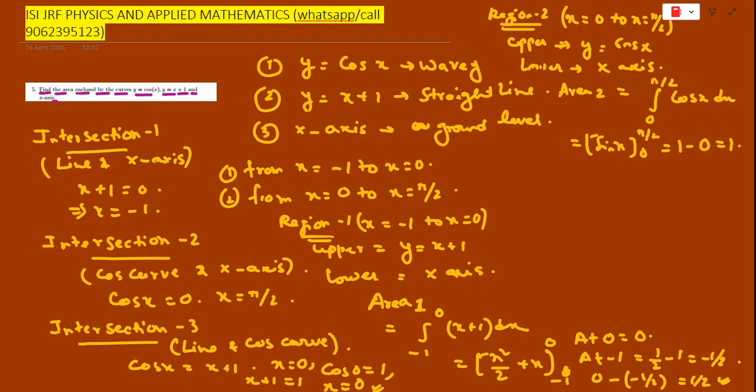Now the total area is half plus 1, that is 3 by 2. So whenever the region touches the x-axis, the area is the integration of the top function minus 0. Simple.